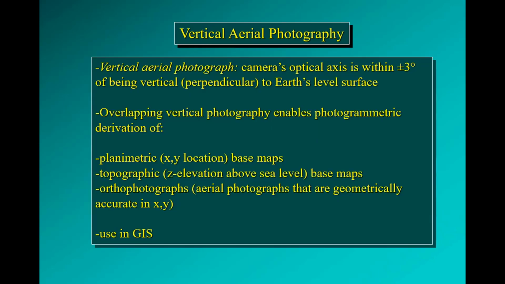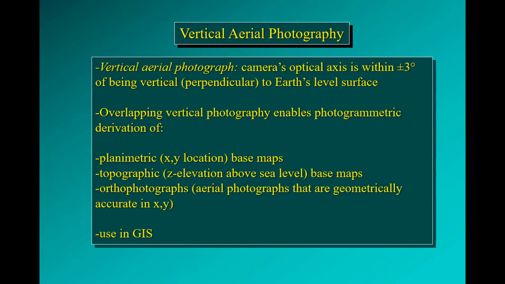A vertical aerial photograph is obtained when the camera's optical axis, again this imaginary line that extends down from our camera system and intersects with the Earth's surface, is within plus or minus 3 degrees of being vertical or perpendicular to the Earth's surface.